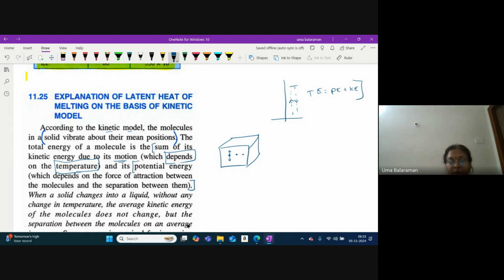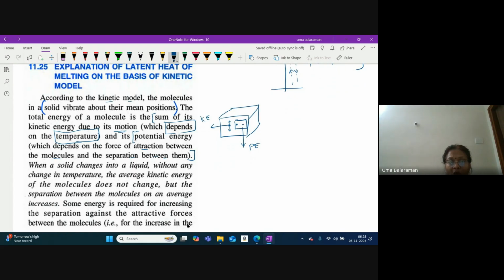What is the reason for potential energy? It depends on the force of attraction between the molecules and the separation between them. This is potential energy, and the vibration is kinetic energy. So when a solid changes to liquid without any change in temperature, average kinetic energy does not change.